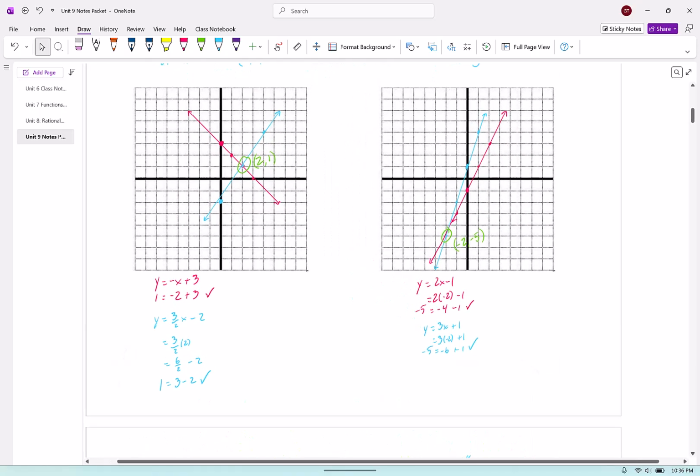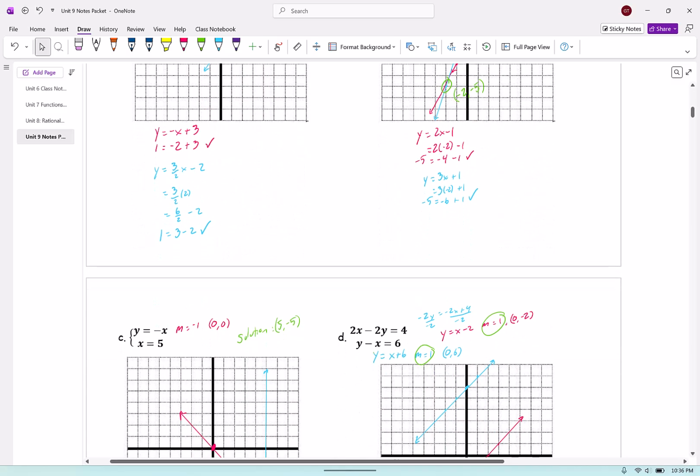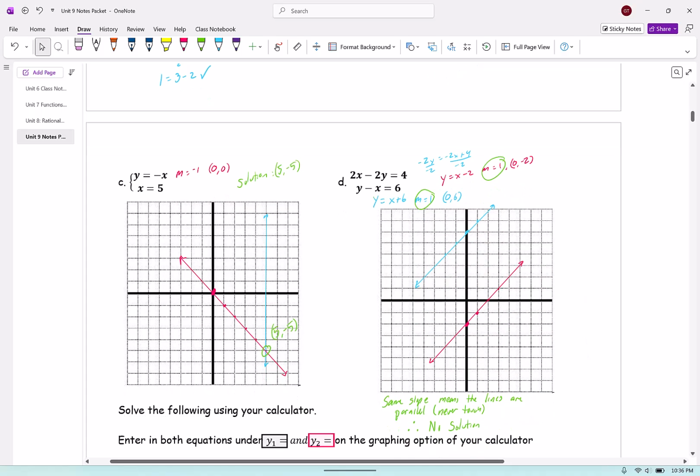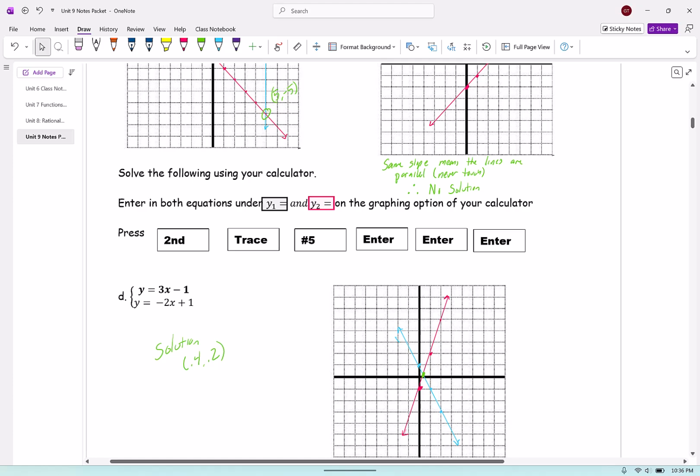So be able to graph these things properly, be able to plug values in and check. As long as it's true for both of them, then you can be confident that you've got the correct solution. Be sure to try this in your calculator because that will be helpful.